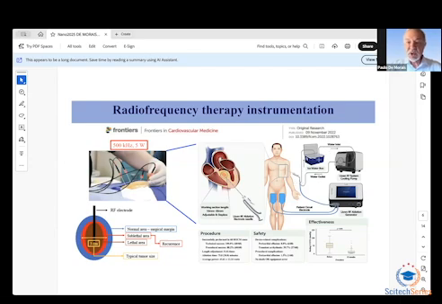This is a standard cooling system for the electrode. There is a huge number of publications about radiofrequency therapy, and in general, after the radiofrequency therapy is applied to a tumor, there is a systematic reduction in the tumor size. In many cases, complete remission of the tumor.